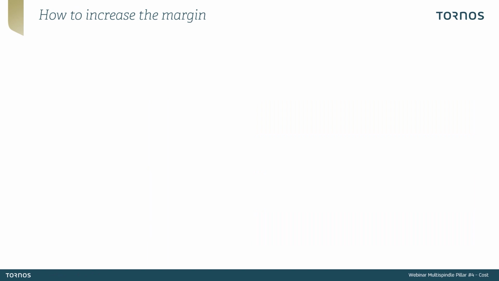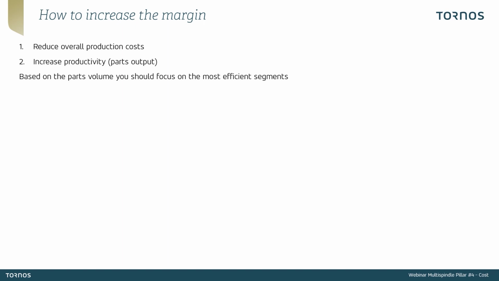So how to increase the margin? Actually, you have two different solutions. The first one is to try to reduce the overall cost for production of the part. And the second one is increase the productivity of your machine, basically the part output. Based on the part volume you focus to produce, those factors are more or less efficient to work on.